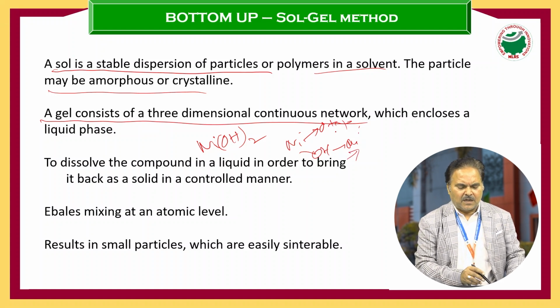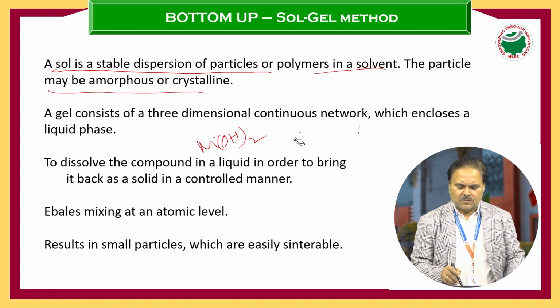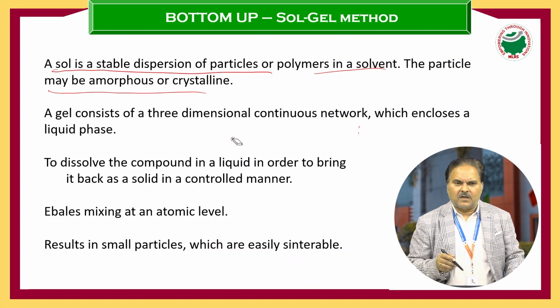So a gel consists of a 3-dimensional continuous network which encloses a liquid phase. That is how gel formation happens. It's a liquid form with all this 3-dimensional arrangement. The network of NaOH OH groups is a continuous process, in network type.